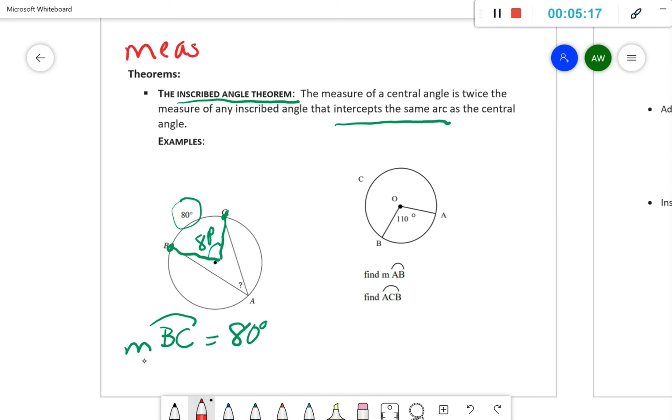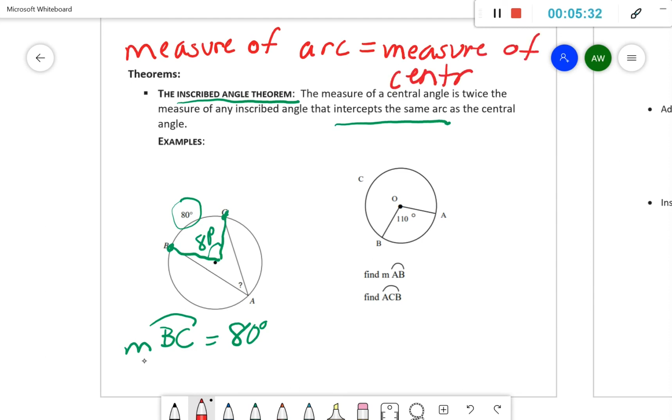So the measure of the arc is always equal to the measure of the central angle. Okay, well that's great. The measure of the arc is equal to the measure of the central angle. Awesome. But what does that mean for this inscribed angle down here, angle A?